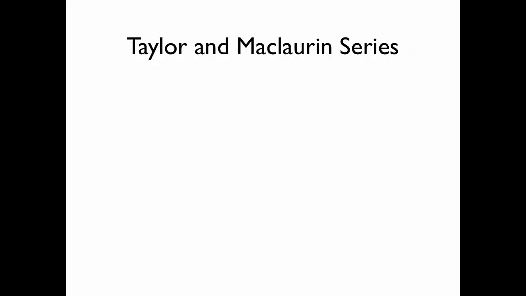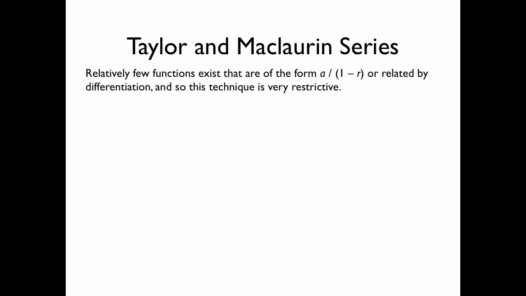So there are these things called Taylor and Maclaurin series. So far we've written functions as series if those functions were of the form a over 1 minus r, or related to that by derivative or antiderivative.